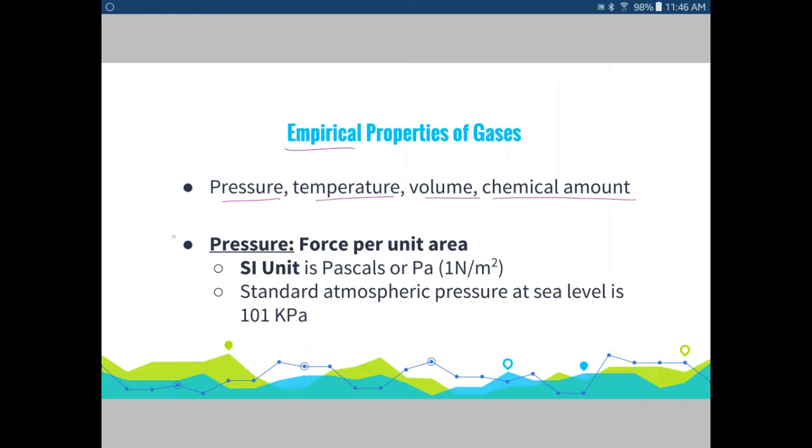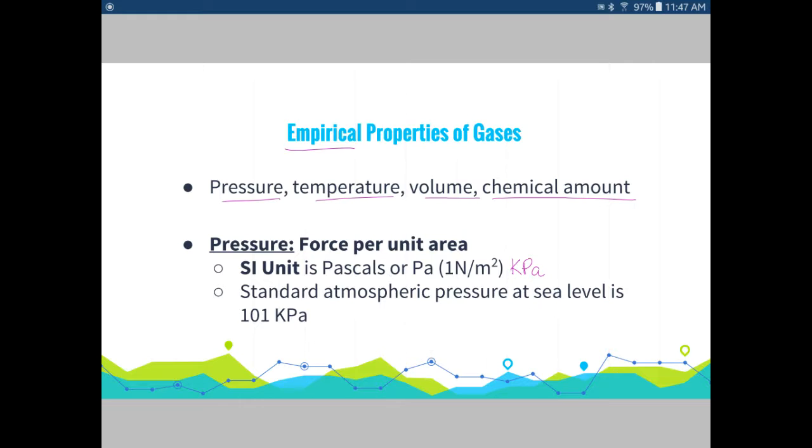Now, pressure is force per unit of area. So there has to be some sort of force, and there has to be an area containing that gas. The standard unit for pressure is the pascal, and in this unit, we actually use a unit called the kilopascal.